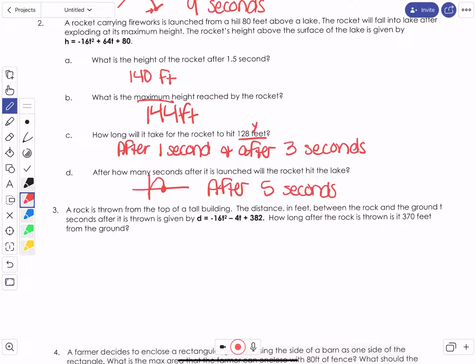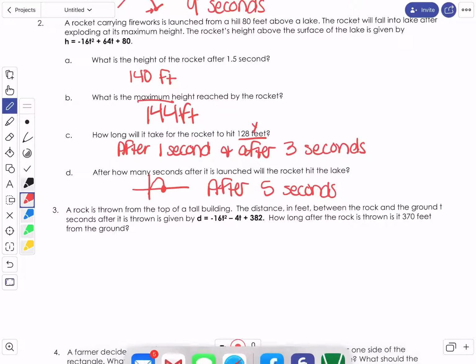Okay, so one more question here. A rock is thrown from the top of a tall building. The distance in feet between the rock and the ground after t seconds after it is thrown is given by d equals negative 16t squared minus 4t plus 382. How long after the rock is thrown is it 370 feet from the ground?